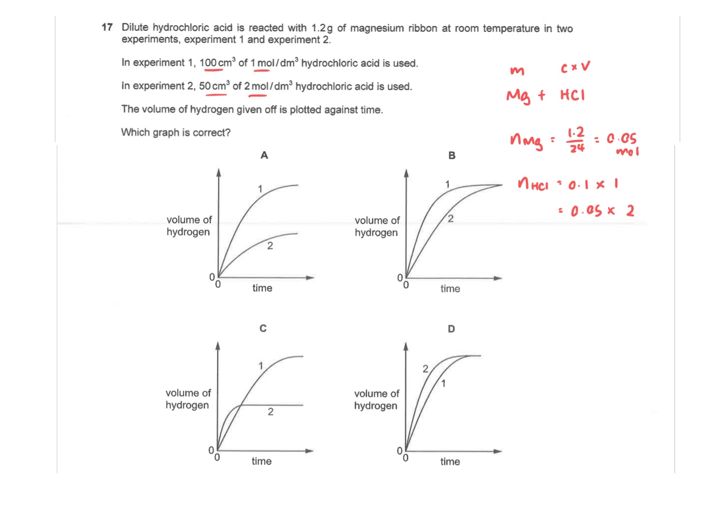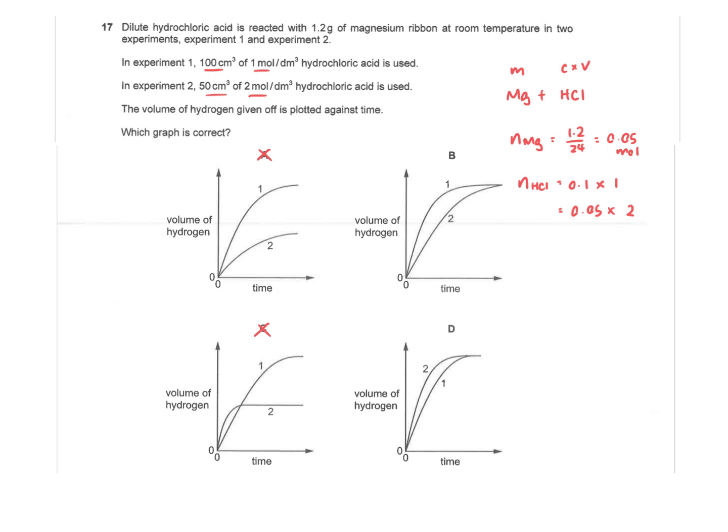So in this case, there's no point in checking limiting or excess because there's no change in the number of moles of any reactant. That also means there will be the same volume of gas produced in both experiments. Next, we need to check whether B or D is correct.